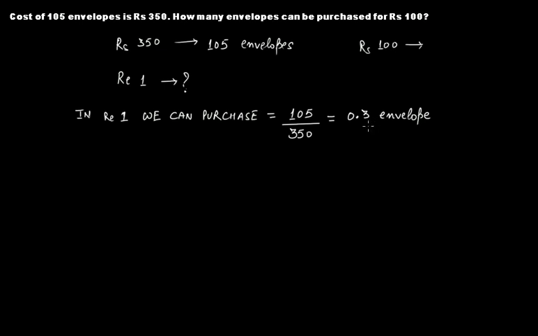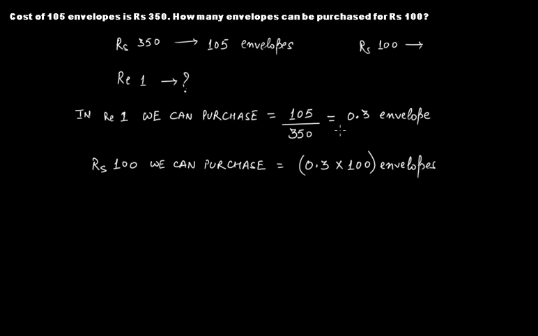Okay, it means that in rupees 100 we can purchase 0.3 times 100 envelopes.